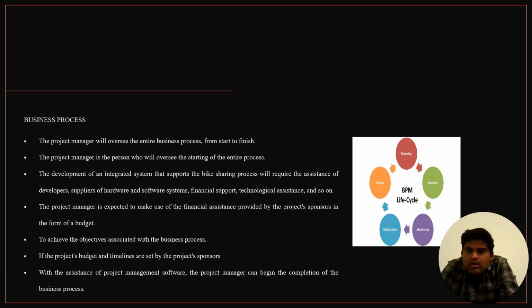It would be like a software business process management system life cycle that starts with requirement gathering, and then modeling, designing, and development. These are the steps included in the business process life cycle.